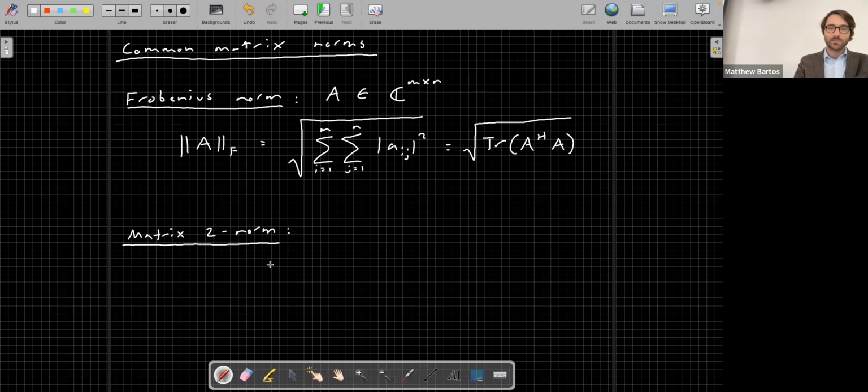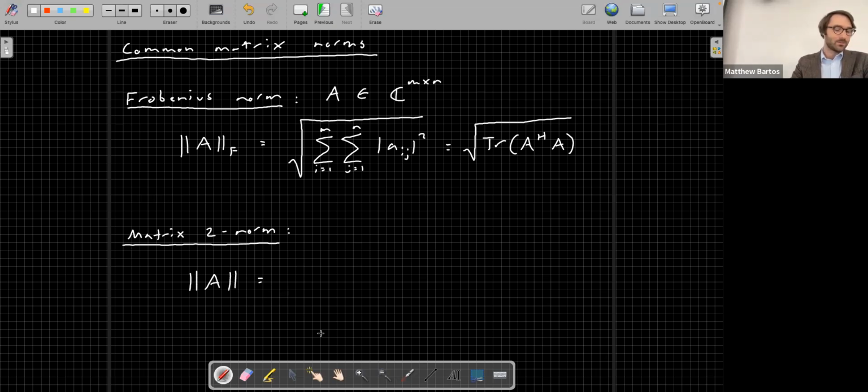And the most intuitive definition for the matrix 2 norm is if you have a matrix and you take the quadratic product of that matrix with a unit norm vector, it's the largest value you can get. Okay, so when I say quadratic product, I'll show you what I mean right now. So let's say you have a matrix A, you're taking the matrix 2 norm.